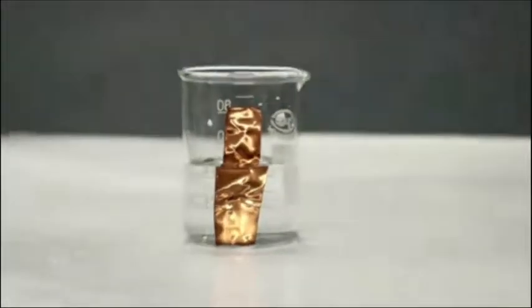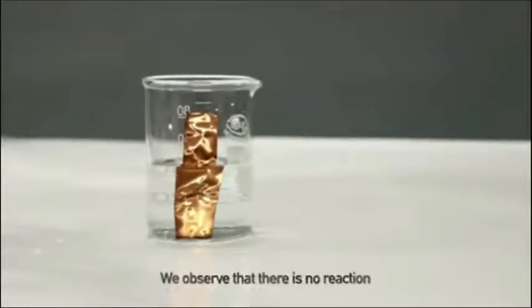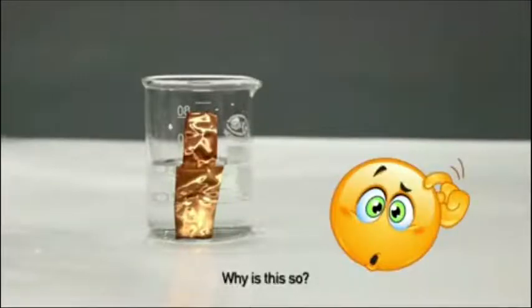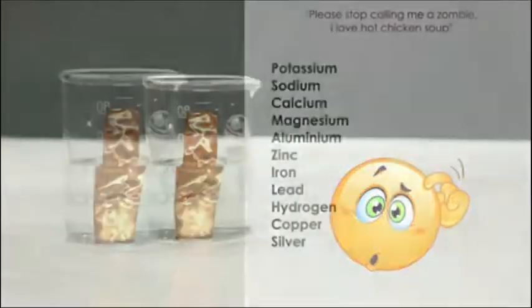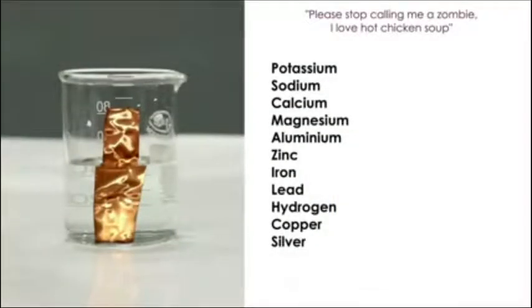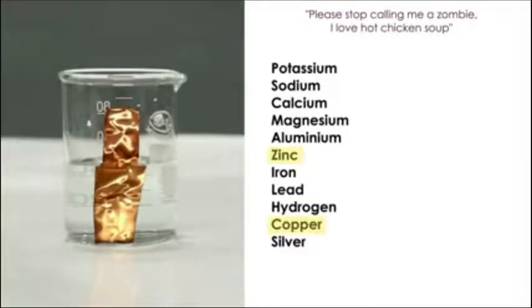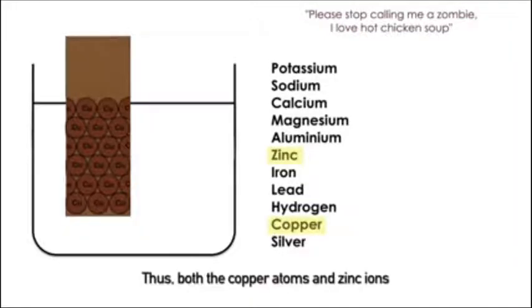Do you find any changes on the copper strip, students? No change between copper and zinc sulfate. Why? What happened there? As you know the reactivity series of the metals, zinc is more reactive than copper, copper is less reactive than zinc. That is why it cannot displace.